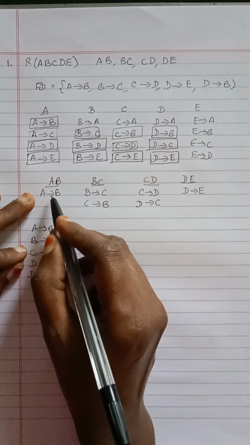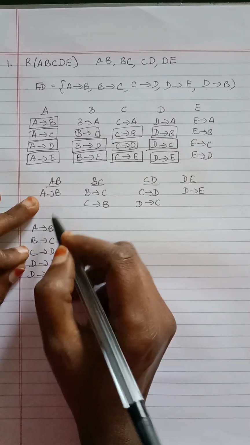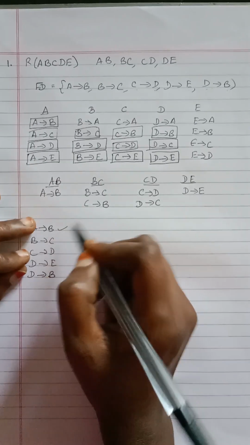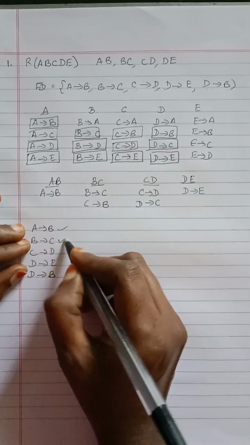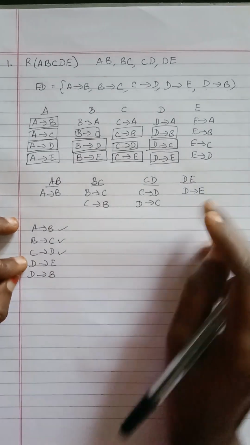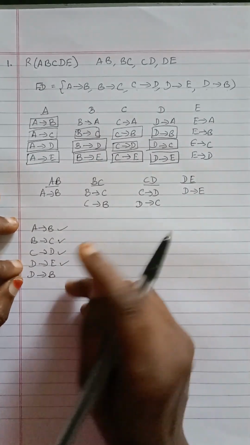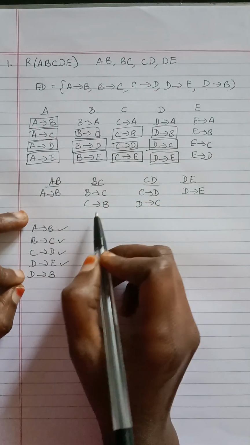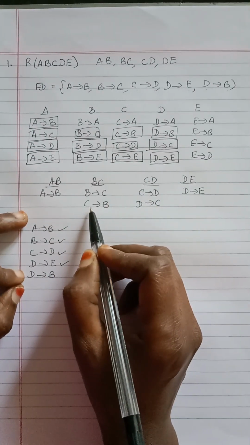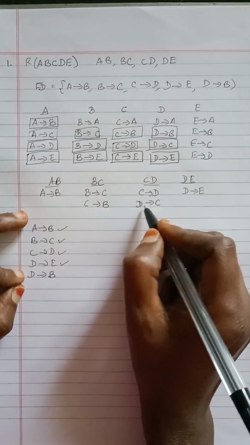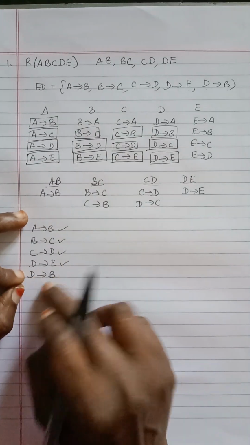Now I'll check these and put a tick if each is satisfied. A tends to B, satisfied. B tends to C, satisfied. C tends to D is there. D tends to E is there. Now D tends to B: we have to find out if D tends to B occurs.